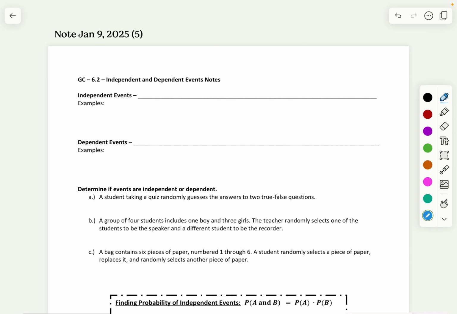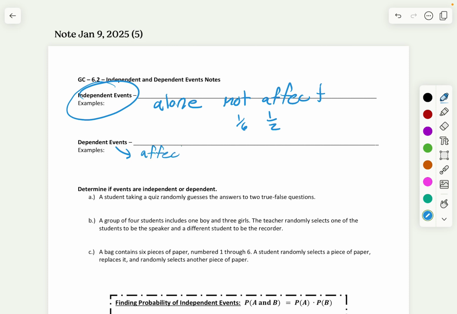As we said before, independent events are ones that stand alone and they are not affected by results. So if I roll a dice, I have a 1 of 6 chance, and if I flip a coin, I have a 1/2 chance. They don't really affect each other, but dependent events are affected by other things. If I pull a card out of a deck, I have a 1 out of 52 chance.